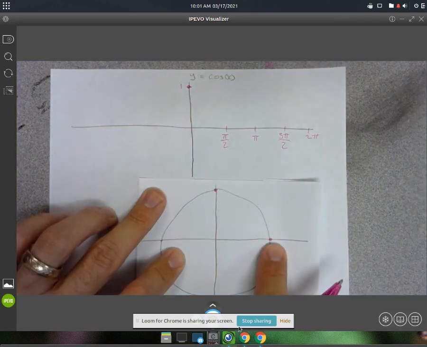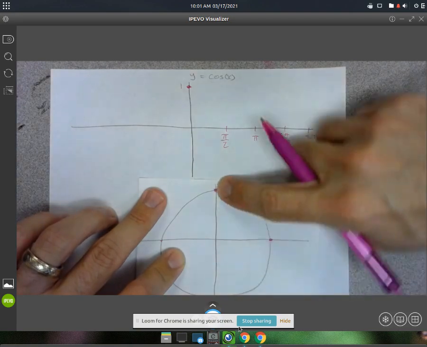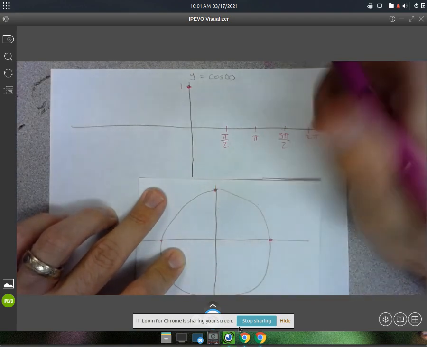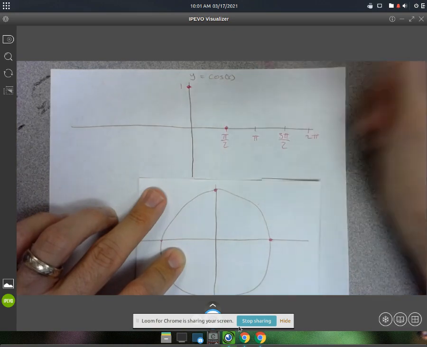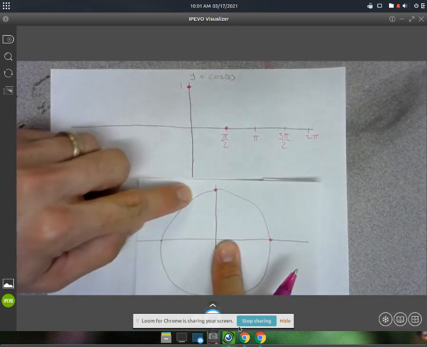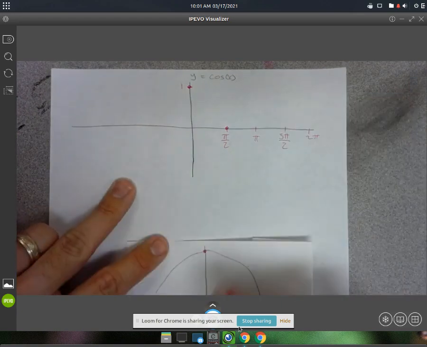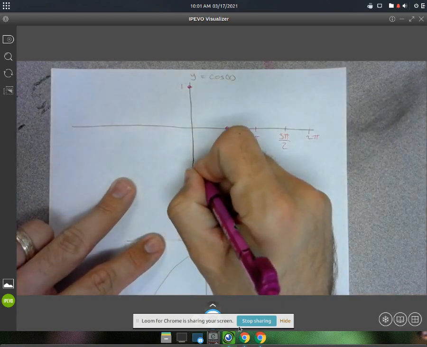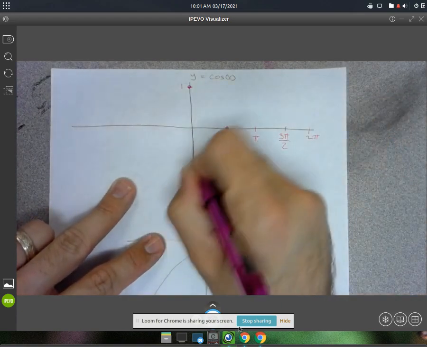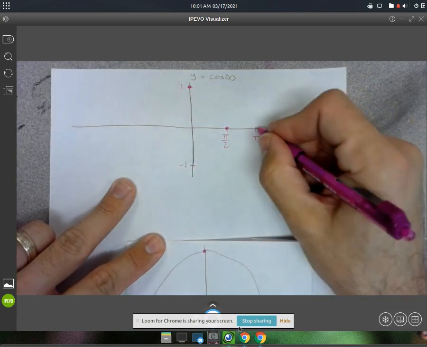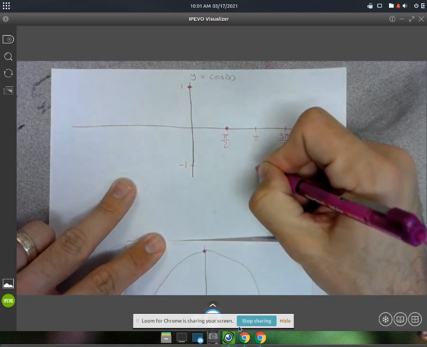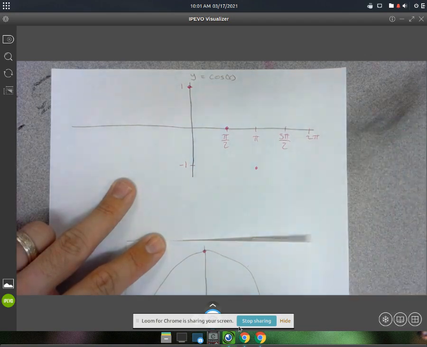And then if we go up to pi over 2, the x value is 0. All right, if we go over to pi, the x value is negative 1. So at pi, this is going to have an output of negative 1. So let me draw that. Okay.